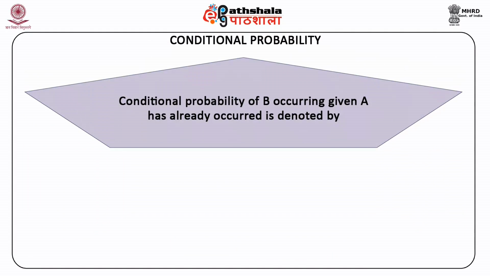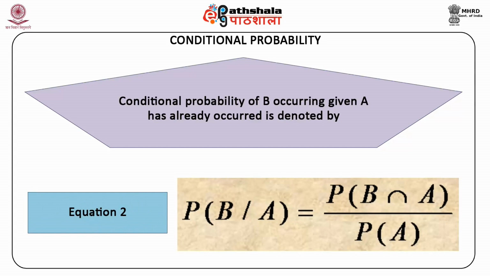Similarly, the conditional probability of B occurring given A has already occurred is denoted by probability of B slash A equal to probability of A intersection B upon probability of A, for P A not equal to 0.